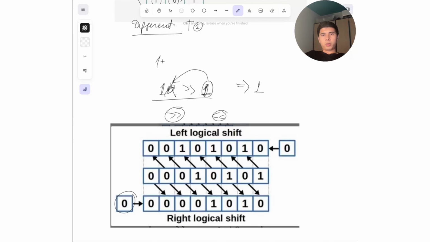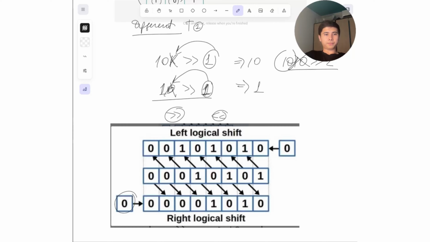Another example: when we write 101 and shift by 1, again we just remove the last bit from the right, and it becomes 10. When we write 1010 and shift by 2, we just remove the last 2 bits, and it becomes 10.